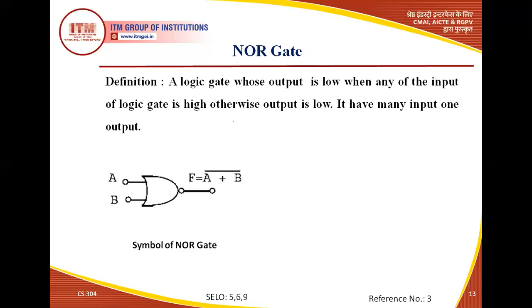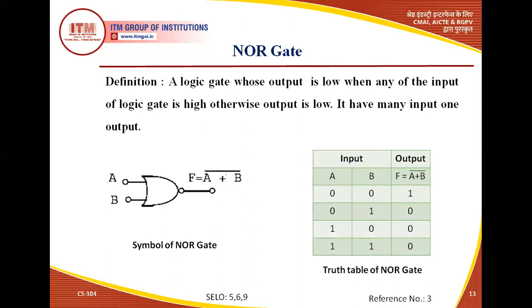If we see the symbol of the NOR gate, a bubble placed after an OR gate will produce the output of the NOR gate. It can also be written as A or B whole bar. That means we invert the output of the OR gate. Now we see the truth table of the OR gate.